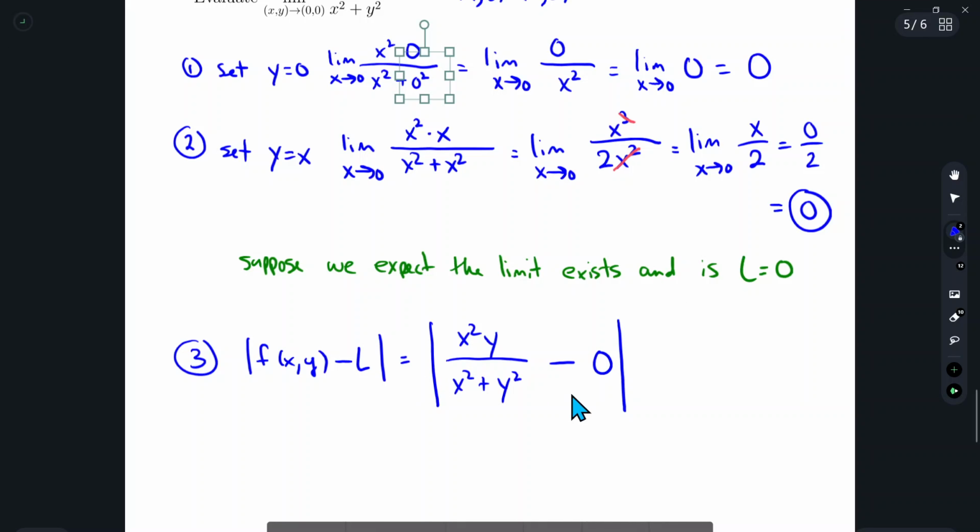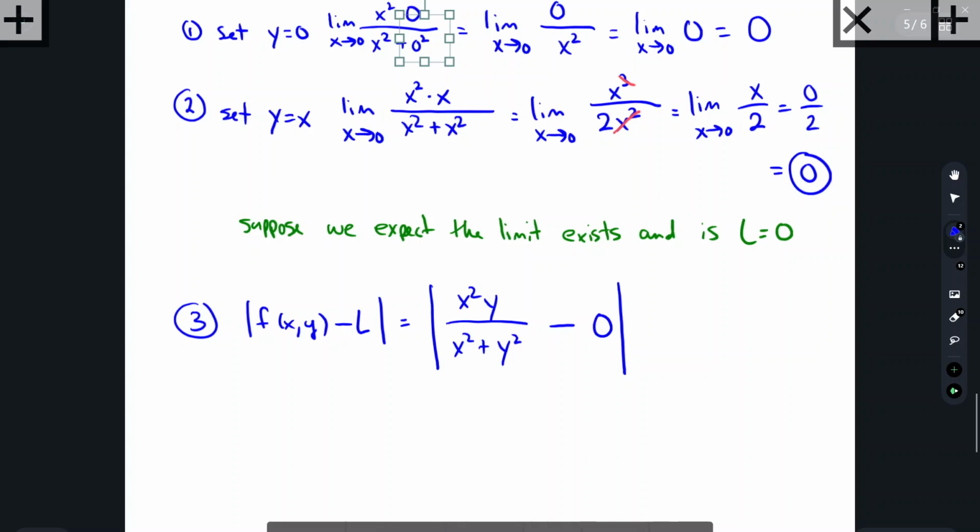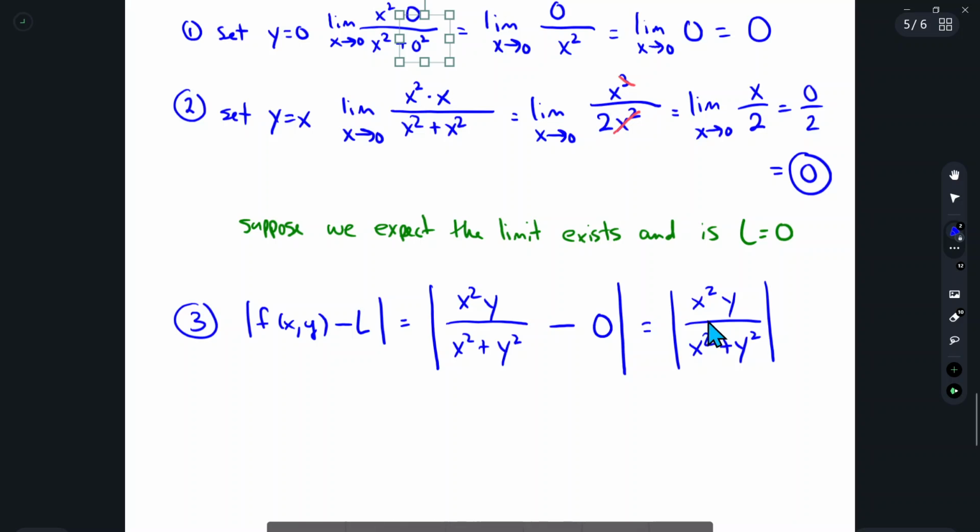I just plug it in, and subtracting 0 doesn't do anything, so the whole thing is the absolute value of x squared y over x squared plus y squared. Okay, so that's what we get.